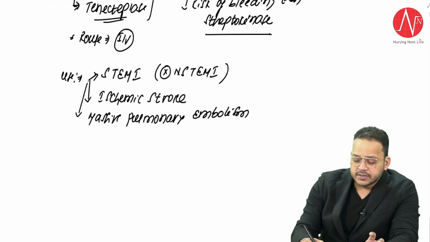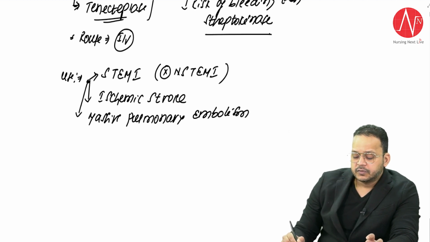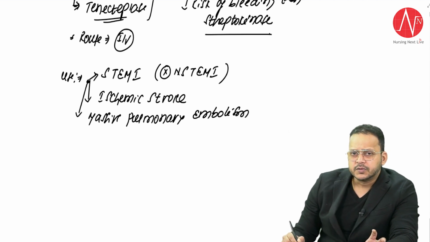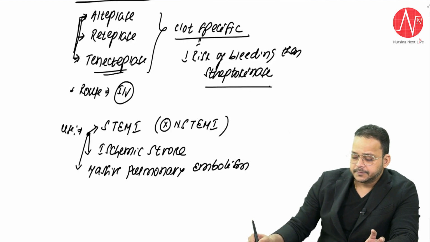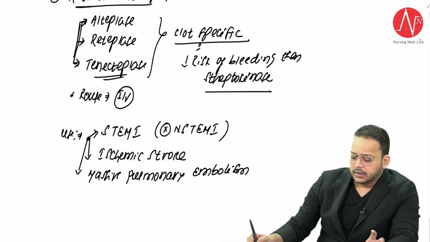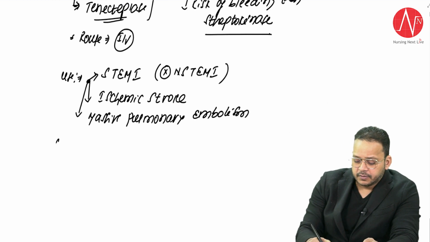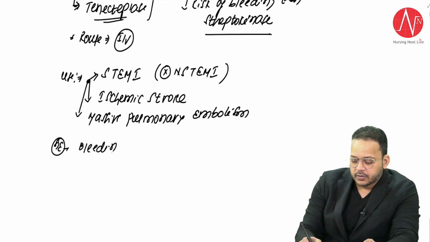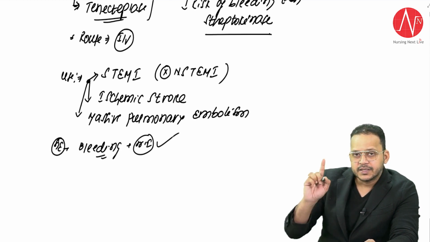So guys, STEMI, ischemic stroke, massive pulmonary embolism, these are the different uses of these drugs, right? Now coming to side effects, I've already said, guys, these drugs will cause bleeding, and the nursing implications I've already discussed above, right?